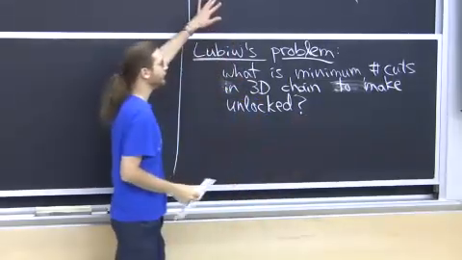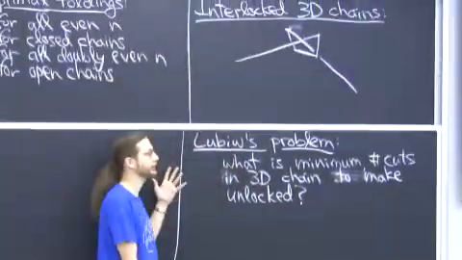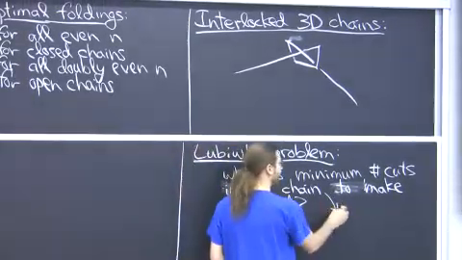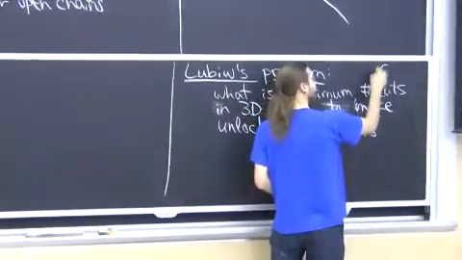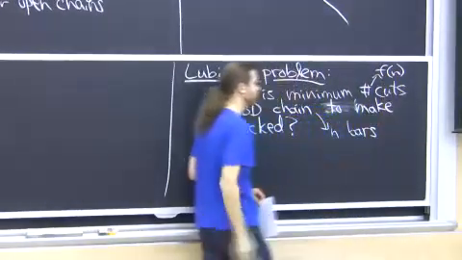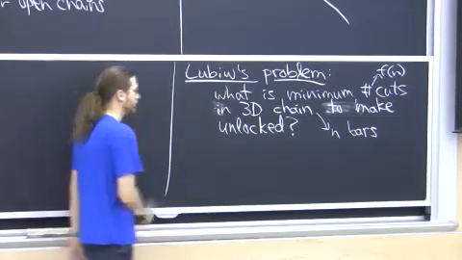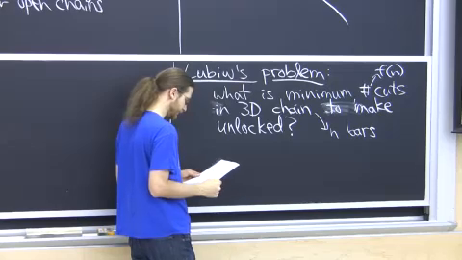we know there are locked chains. Suppose I want to make the configuration space connected, but I allow cheating, I allow cutting vertices. How many do I have to cut? And let's say the chain has n bars. Then as a function of n, how many cuts do I need? And the answer at this point, in the worst case, we know is between about n over 2 and n over 4.